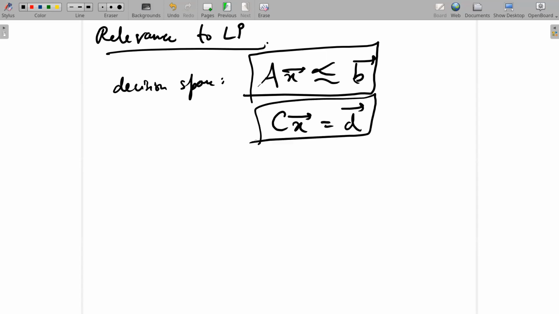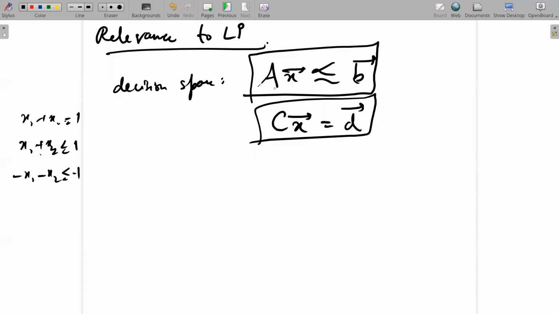So let's split them up, because remember what I had said once, that even if I have these equality constraints, I can always replace them by inequalities. Like if I had x1 plus x2 equals 1, I can replace it with these two things, and minus x1 minus x2 is less than or equal to minus 1. So these two combined will give me this.